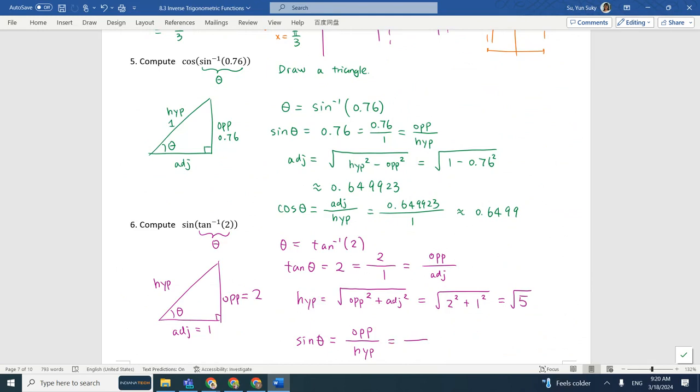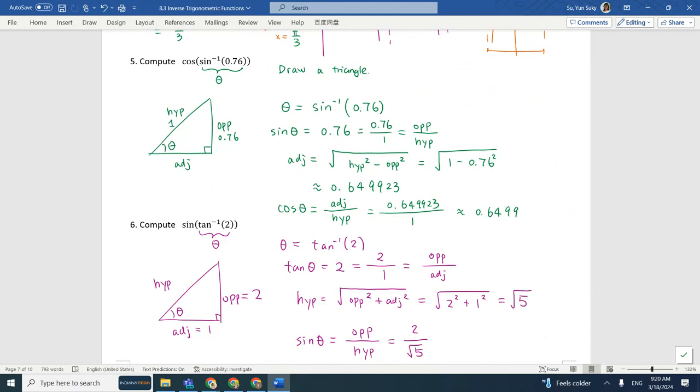So far so good? The method is the same for all problems of this type: when you have an inverse trig function inside and a trig function outside, just draw the triangle. What is opposite? 2. What's the hypotenuse? Square root of 5. Yes, that's it.